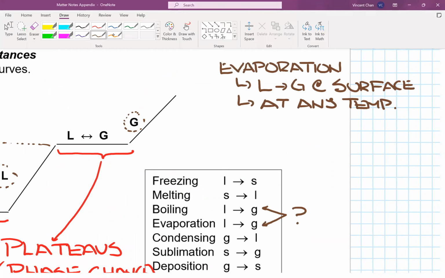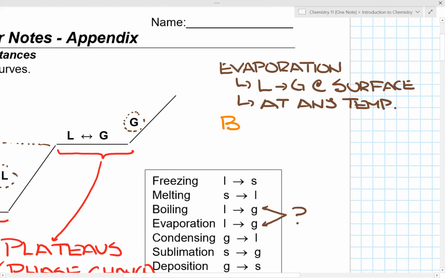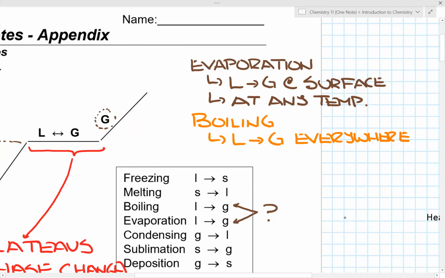Boiling, on the other hand, is liquid to gas everywhere, and is at a specific temperature.